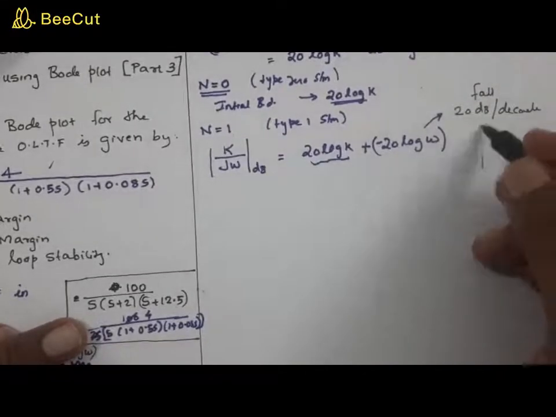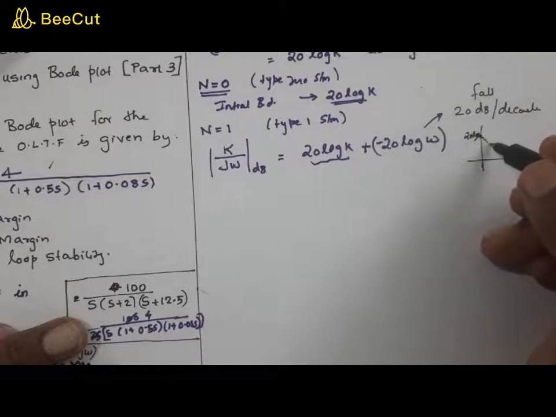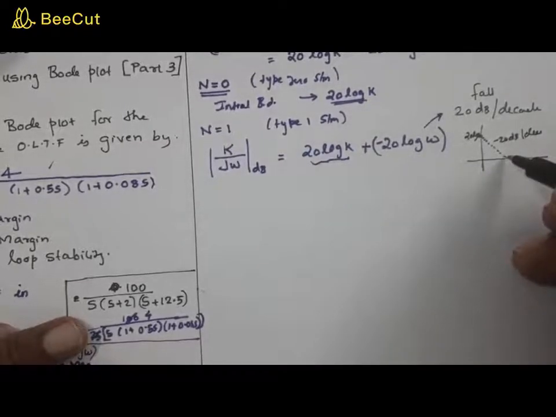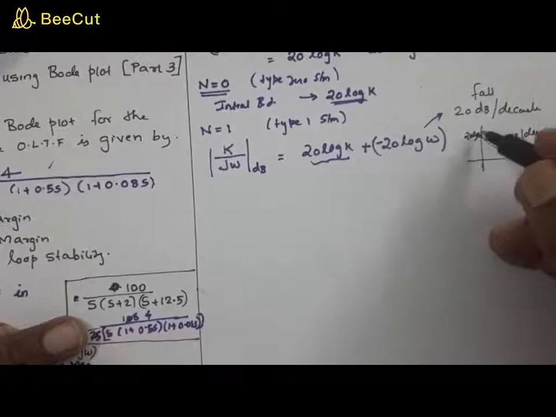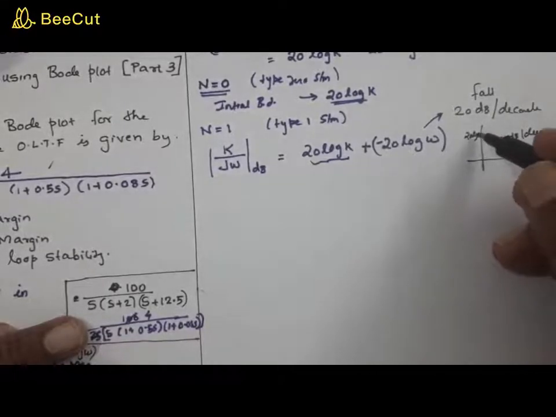That means if you try to draw this, it is having a 20 log k. From this point onwards, this is going to decrease at a rate of minus 20 dB per decade.